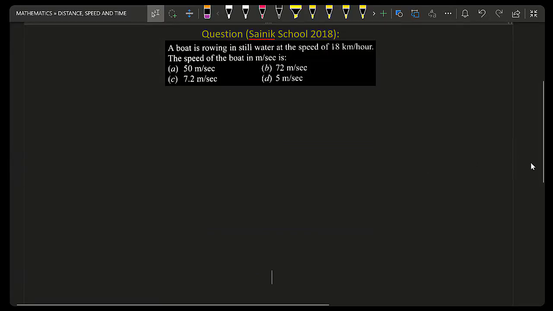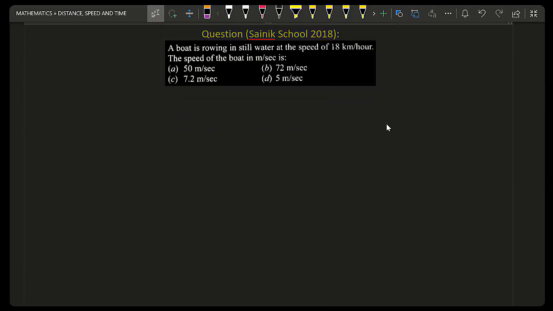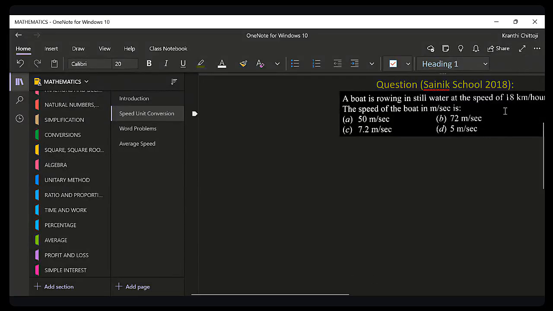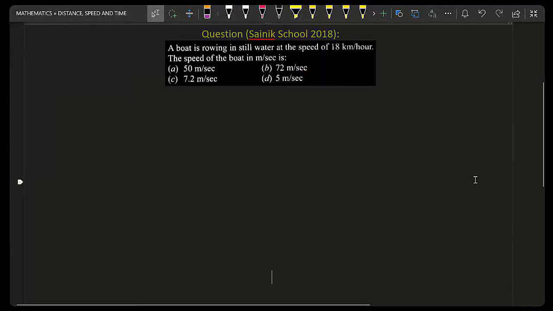Jayvant? Jayvant, can you read it? The boat is rowing in still water at the speed of 8 km per hour. The speed of the boat in meter per second is. Yes, Jayvant, how to convert from kilometer per hour to meter per second?